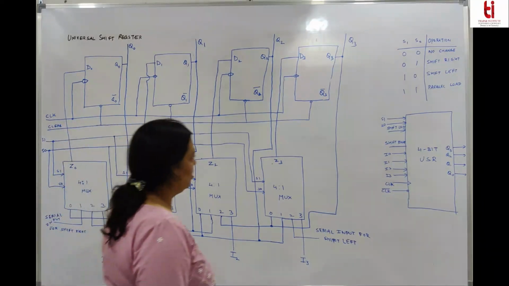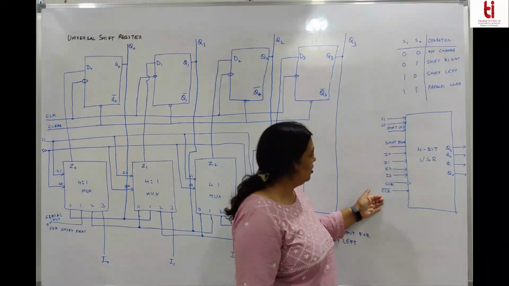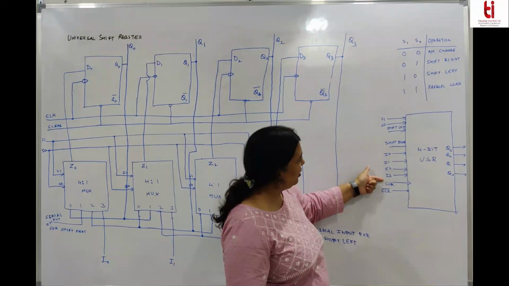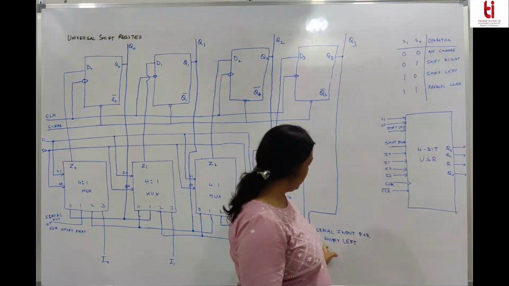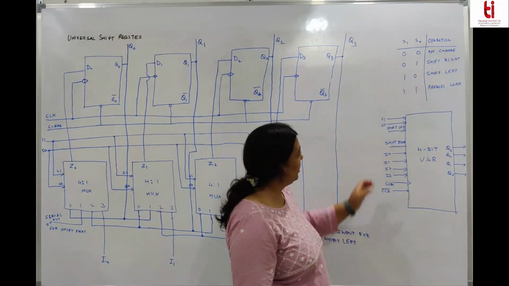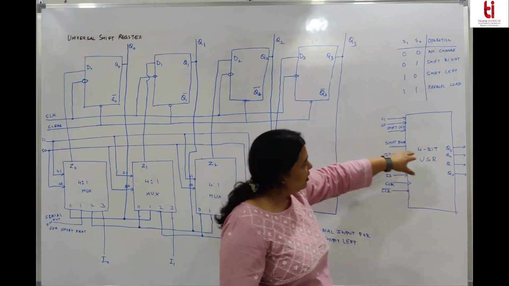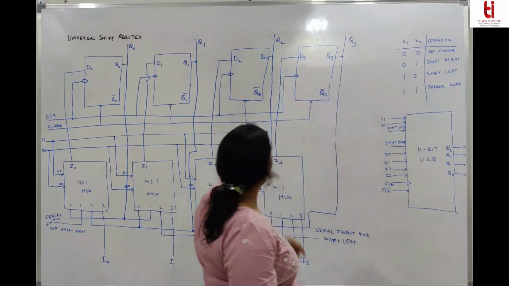It is having a clock, clear bar to reset the flip-flops, these 4 inputs for parallel loading, shift left and shift right operation for serially inputting the data, S1 and S0 as select lines, control lines, and these are the 4 outputs at the top.